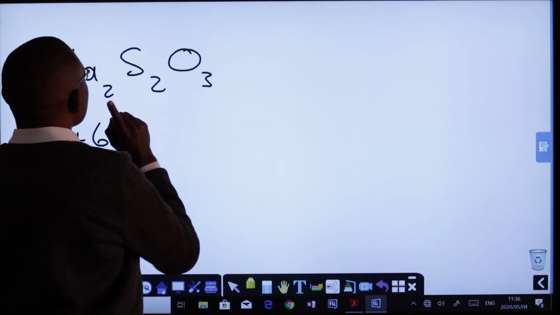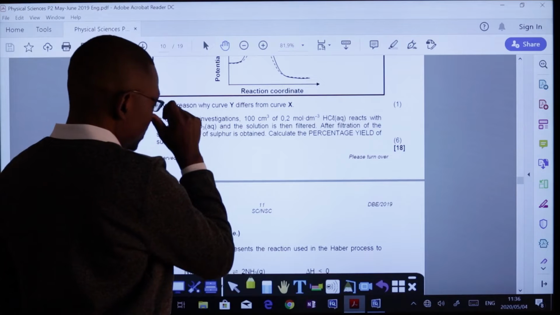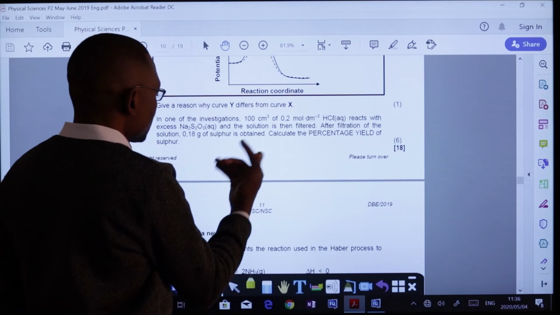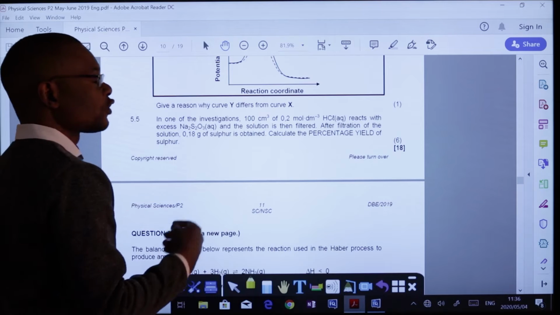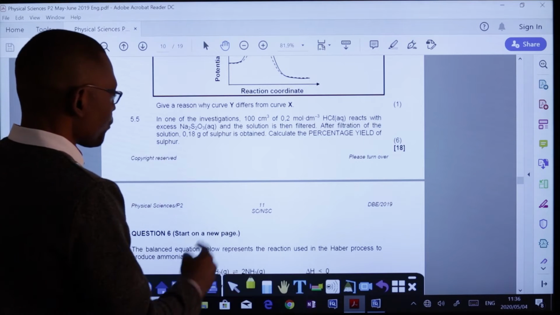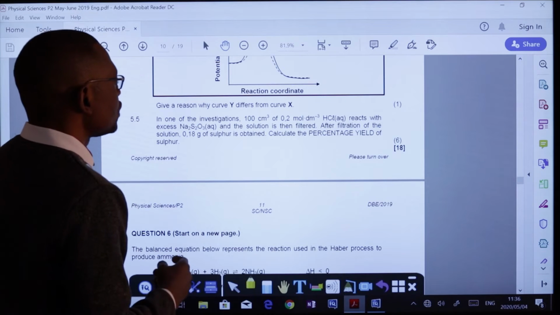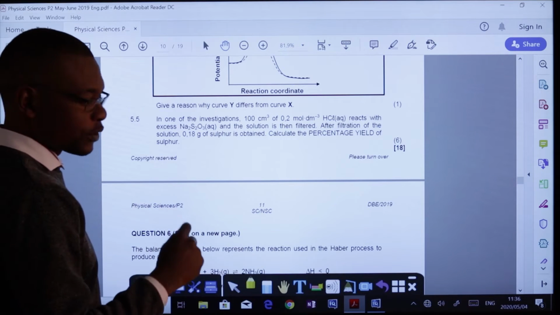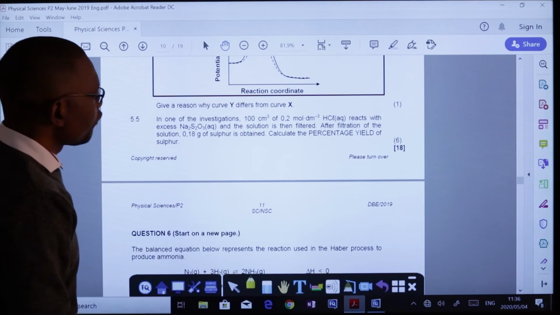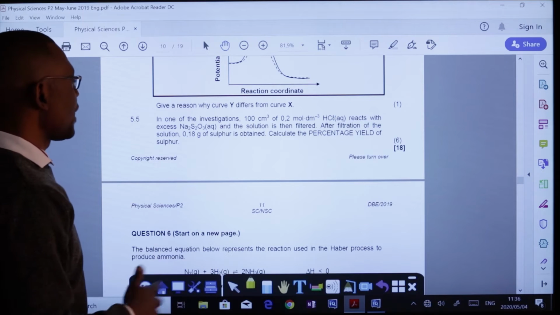So I'm saying that 1 mole of sodium thiosulfate, in excess, reacts with 2 moles of hydrochloric acid, and it's giving us 0.18 grams of sulfur. So for us to determine percentage yield of sulfur, boys and girls, we know that we need to know the mass we have over the initial mass, and then we multiply it by 100.